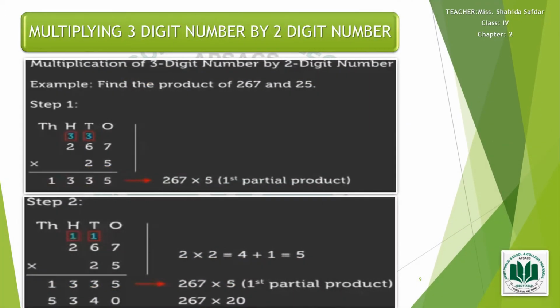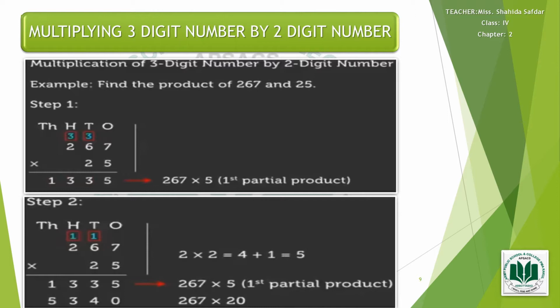Our next topic is multiplication of a 3-digit number by a 2-digit number. Let us find the product of 267 and 25. Students, to find the product, we divide the whole process into 3 steps.